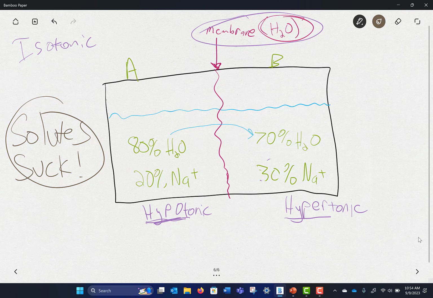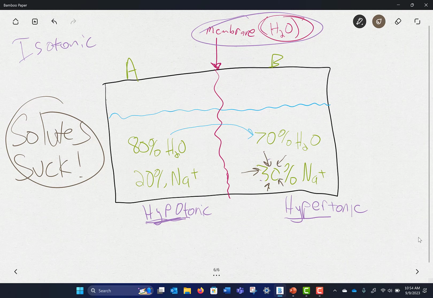Well, if we looked at this concentration with the right kind of microscope, if we looked at this solution and we saw the sodium dissolved in it, we would see the sodium sucking water towards itself. All of these little sodium particles pull water molecules towards them because solutes suck.